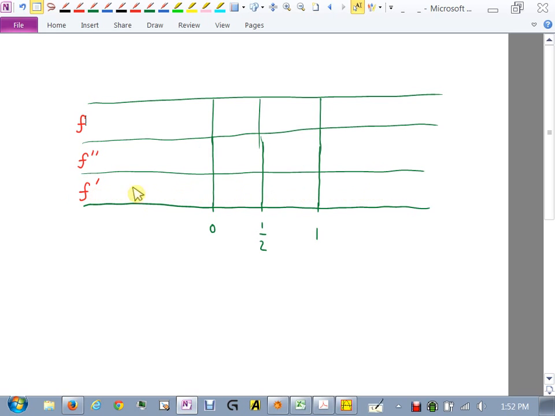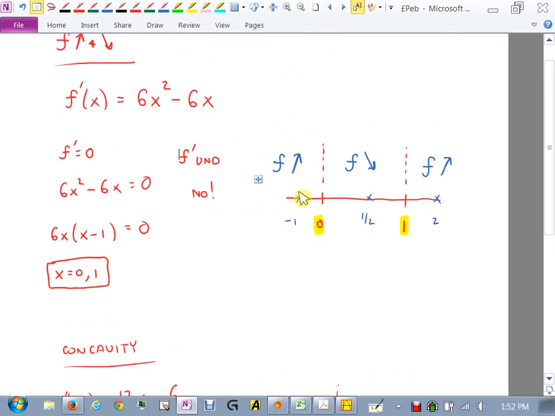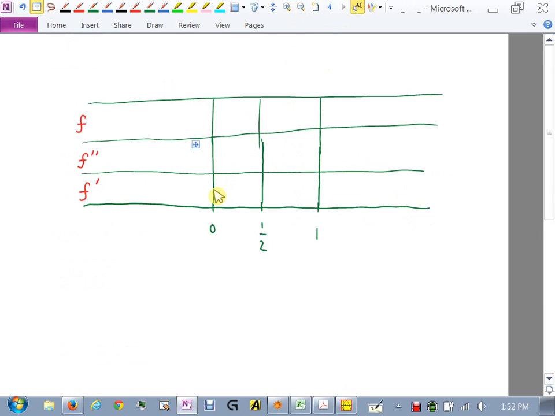So let's now go through each of these rows and tell me, first of all, about the first derivative. Right here in this little region, to the left of 0, what did the first derivative tell us? To the left of 0, here's my first derivative, right, up, down. To the left of 0, what was my original function doing? It was going up, right? So I'm going to put here up, like that.